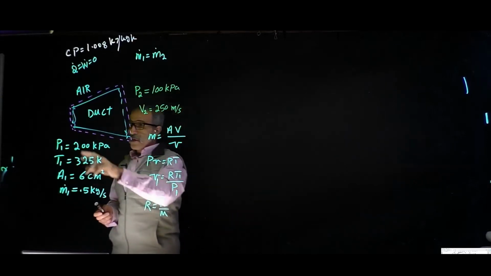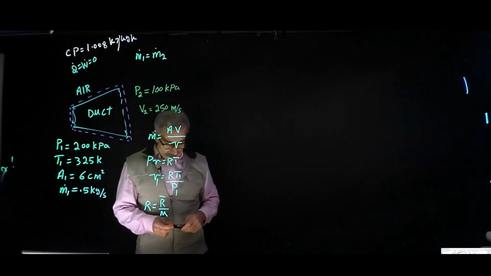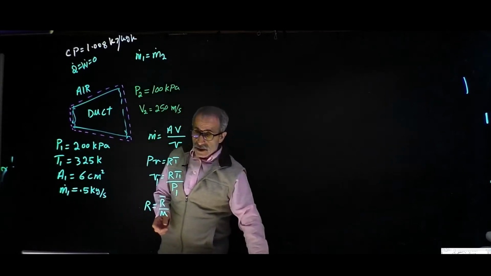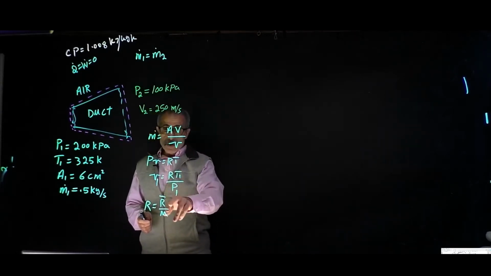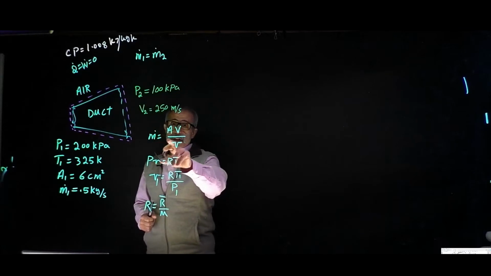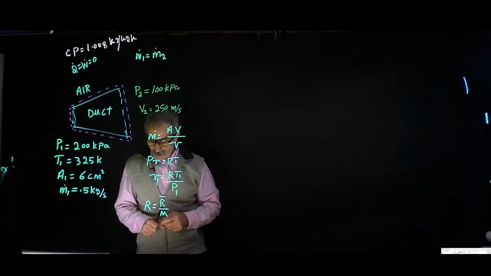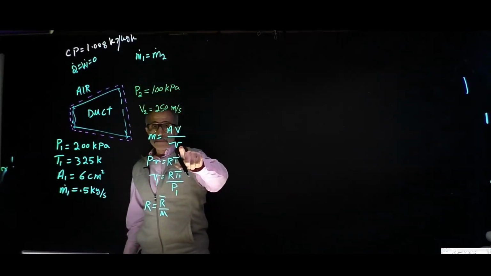And now we want to find out the velocity at the inlet. Let's go ahead and calculate the velocity at the inlet. We have all these equations right here. We can say m dot is equal to A V divided by the specific volume.